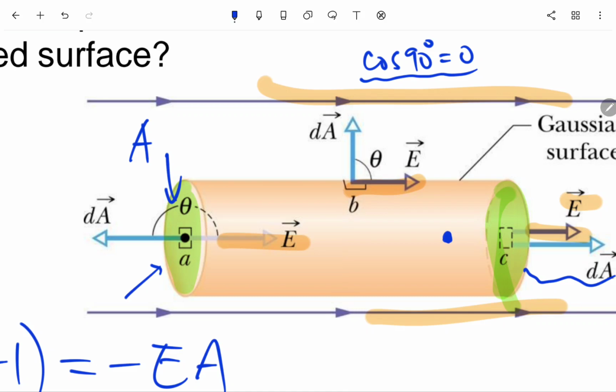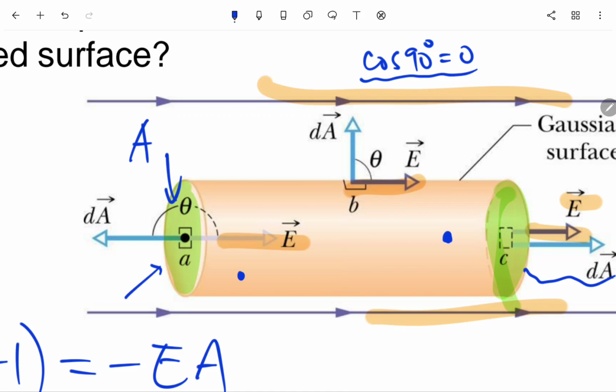For another point, dA is pointing out of the page, in this direction, and E is pointing in this direction. So this is still 90 degrees. And at this point, dA is pointing in this direction, and the E field is still pointing to the right side.